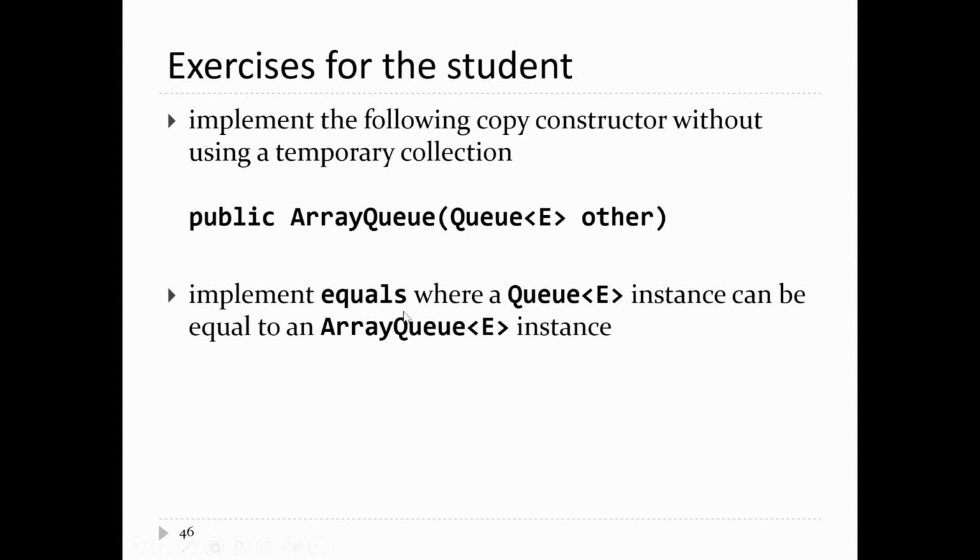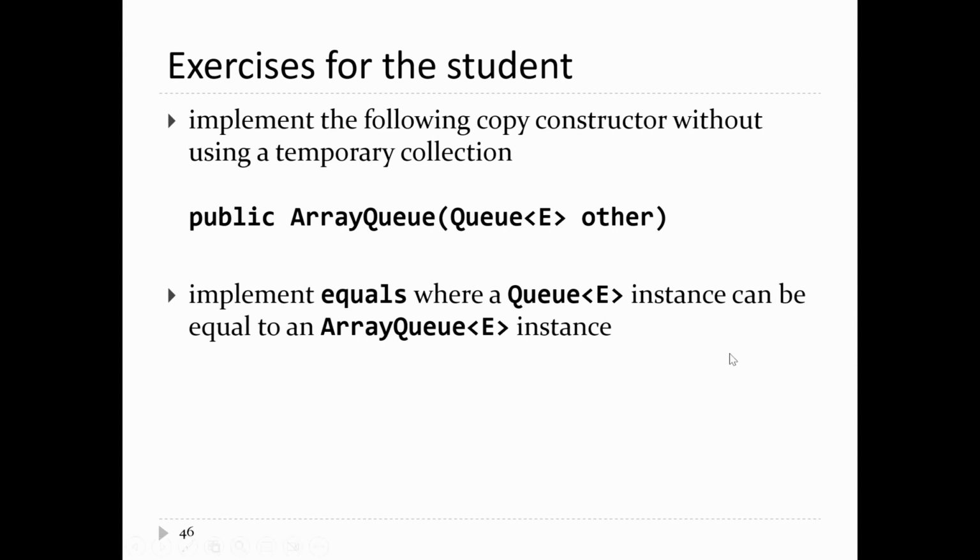Similarly for equals, if you were to implement the equals method, it's relatively straightforward to implement equals where you check if two array queues are equal. But the question is, can you implement equals so that an array queue can be equal to another queue? Again, you don't know the exact type of the queue that you are comparing against, so you don't know what fields it has.